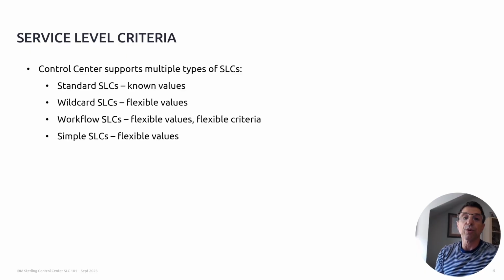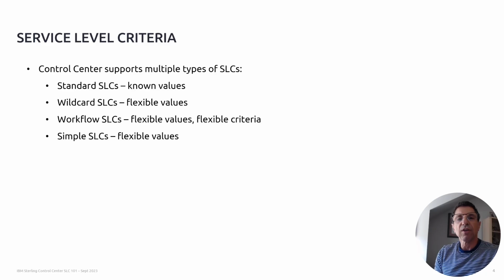I think the only other match criteria parameter you can specify in a standard SLC is the submitter of the process. Wildcard SLCs are like standard SLCs. The same kinds of criteria can be specified, but you don't have to know the full value to watch for in the match criteria. In other words, you could say any process that starts with the letter P would match my SLC definition.